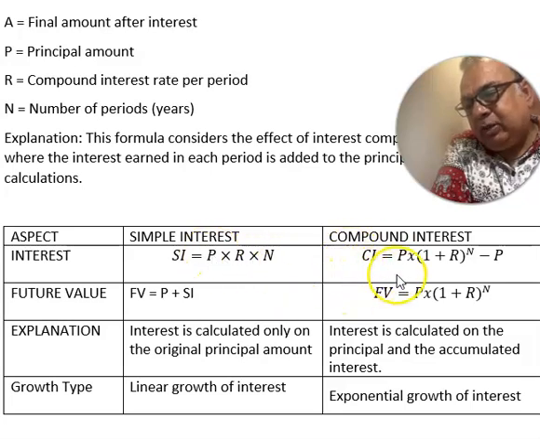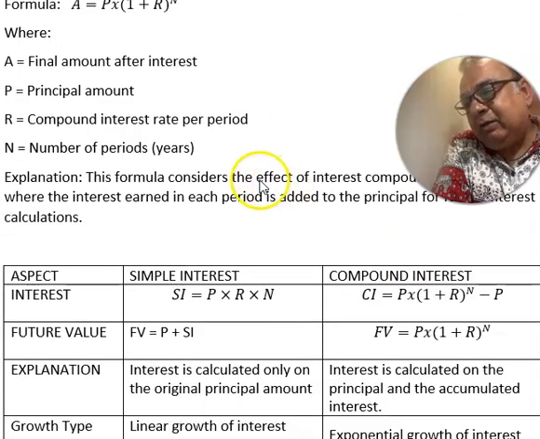However, in compound interest, you are getting interest plus principal amount, directly final amount of that nth period. If you want to calculate only compound interest, so CI, compound interest, P, this is a compound interest formula, minus the principal amount. So you will get only the compound interest.